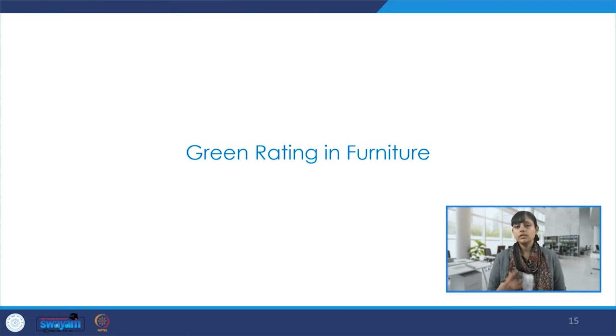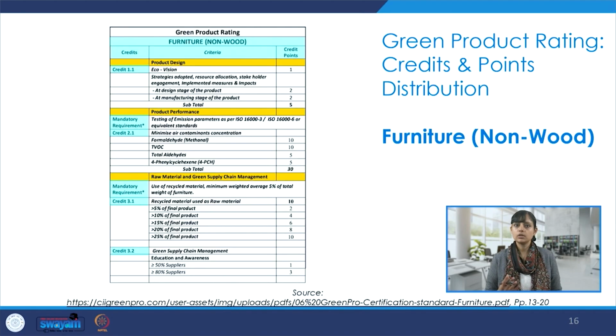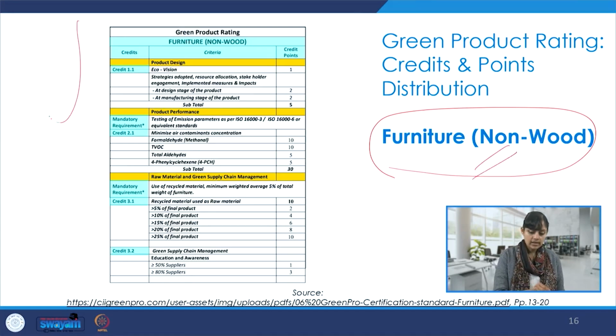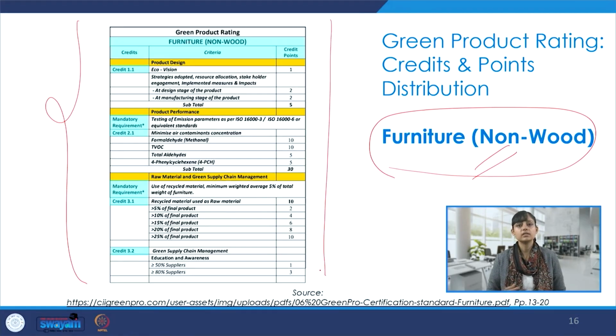And there are also green ratings for furniture, and it's very, very important because furniture forms a very crucial and significant part of interior architecture products. So when we talk about furniture, let's say non-wood category, again there is a green product rating, credit and point distribution system in place, which is very systematic and has its own structure.